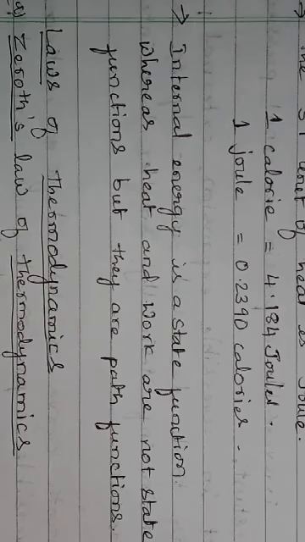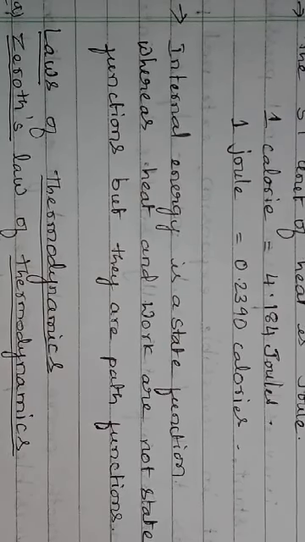It means the amount of work done or amount of heat energy absorbed by the system depends upon the path in which the work is done. So heat and work are path functions.